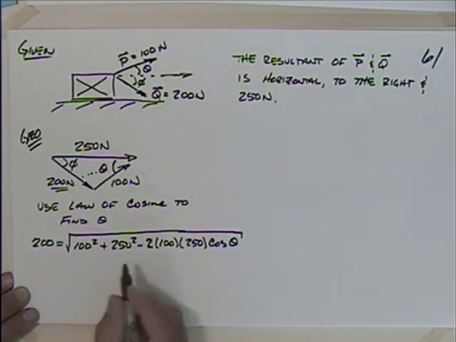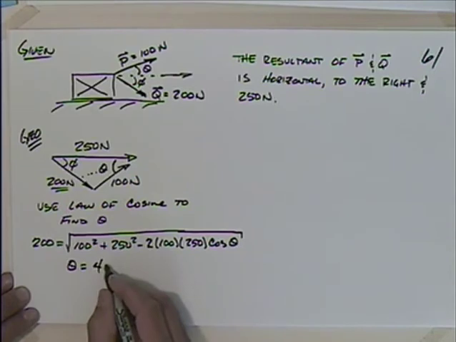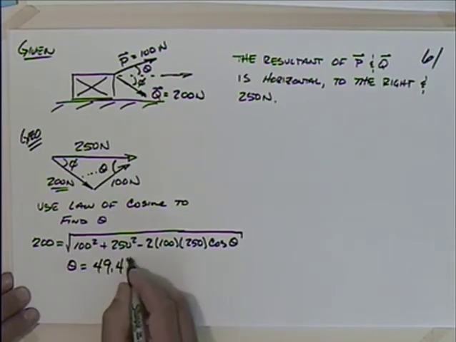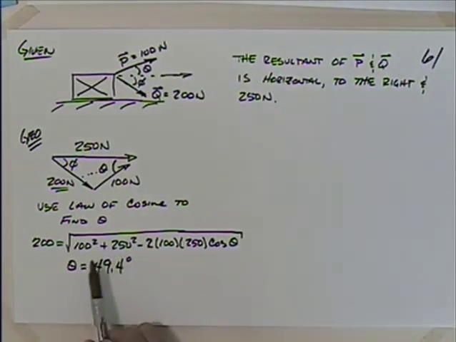So you go ahead and work through this and find that theta turns out to be equal to 49.4 degrees. You could start by squaring both sides, and then you'd subtract off those two pieces and divide by those, and eventually you would come up with theta.